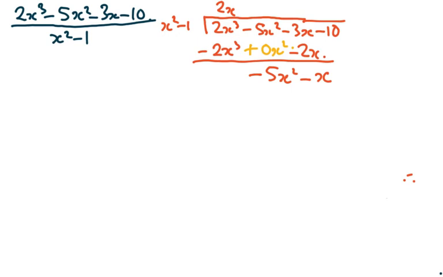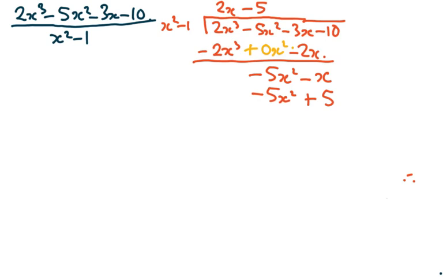Now let's solve this. That's x squared, so it should be negative 5. Negative 5 times x squared is negative 5x squared, and negative 5 times negative 1 is positive 5.